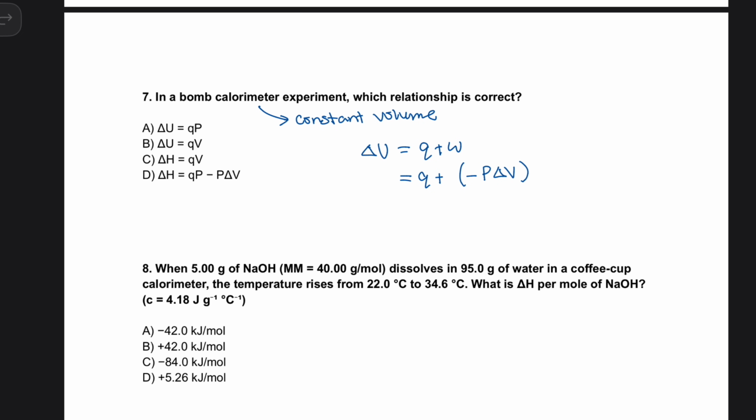Well, we know that it's constant volume, so then delta V will be 0, and then multiplied by pressure, all of this will be 0. And now we're just left with delta U equals Q. And then we can write the subscript here. If you see a subscript like QV, this just indicates that it's constant volume. So delta U equals Q at constant volume, which is option B.